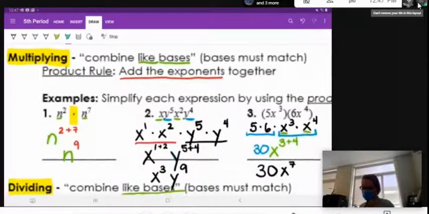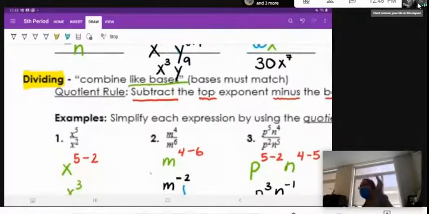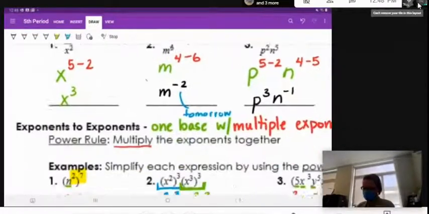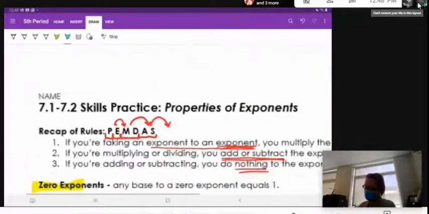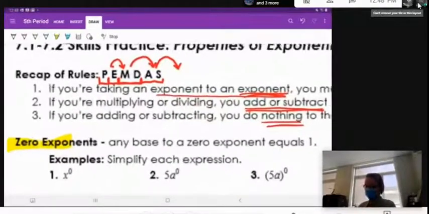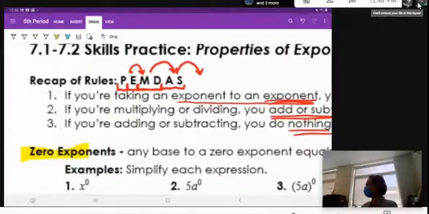If my problem involves multiplication, I go down a step to addition. If it involves division, we go down a step to subtraction. If it involves exponents to exponents, we start at exponents and we go down a step to multiplication, right? So it's just a little trick that might help you remember if you need help remembering it. If you don't need help remembering it, completely forget that I said anything.